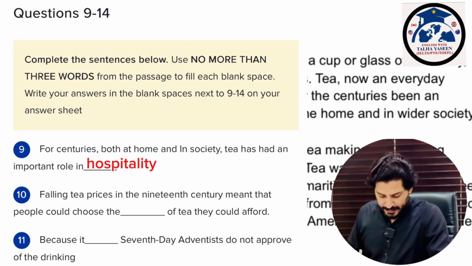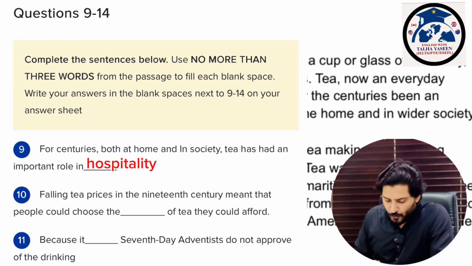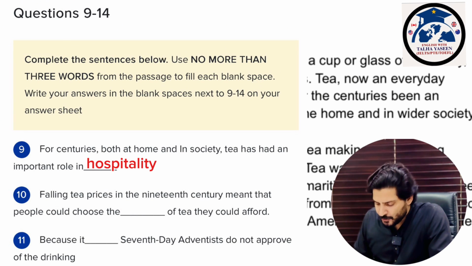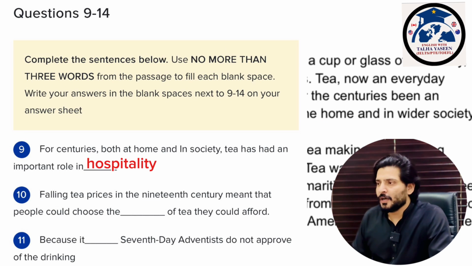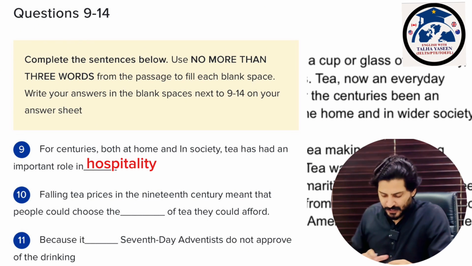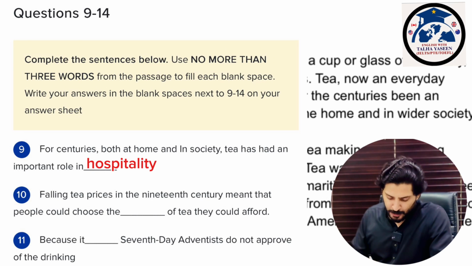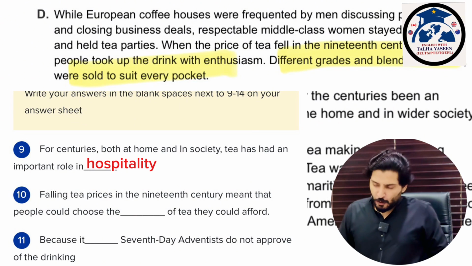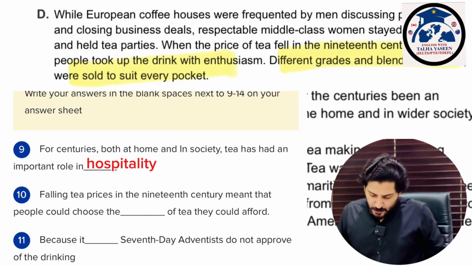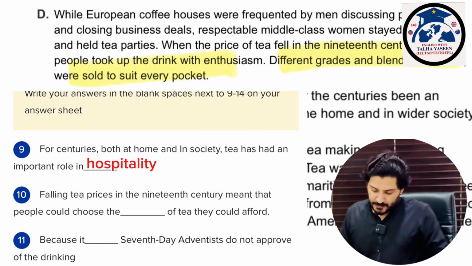Next question, question 10. Falling tea prices in the 19th century meant that people could choose the dash of tea they could afford. If we find the synonym of afford, we will be able to answer quickly. Let's read passage D, because we have already read about cost in passage D when we were solving list of headings.